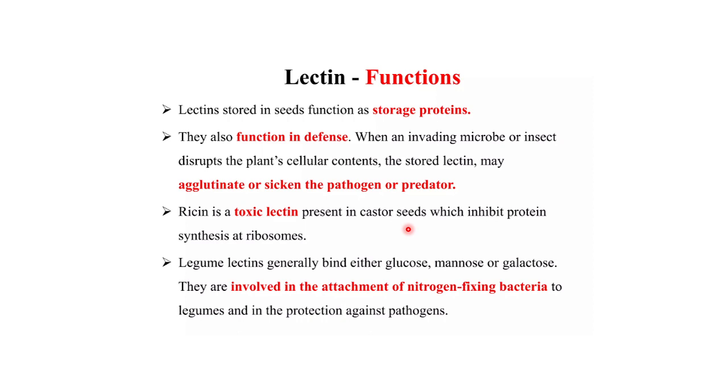Then you have lectins that bind glucose, mannose, or different sugars, like galactose. They are involved in the attachment of nitrogen fixing bacteria to the legumes and in protection against different pathogens.